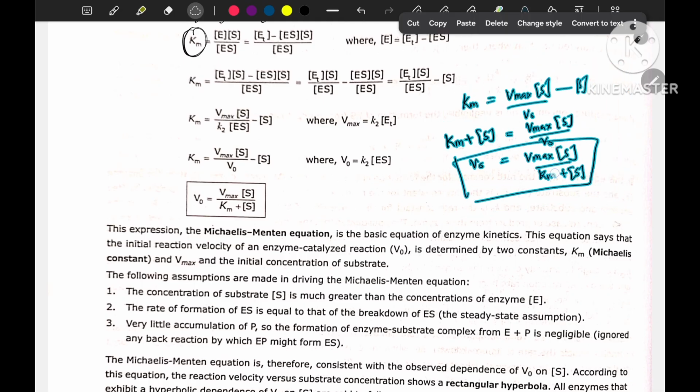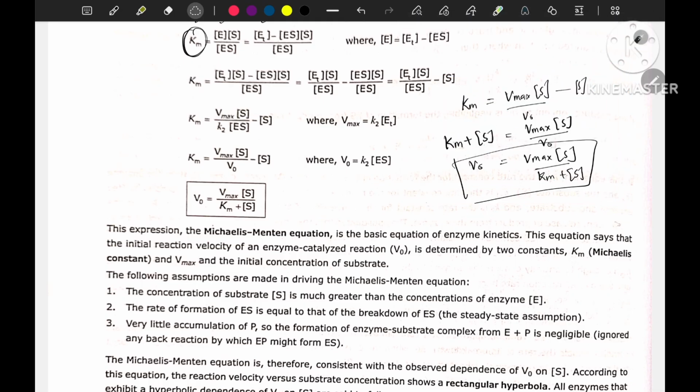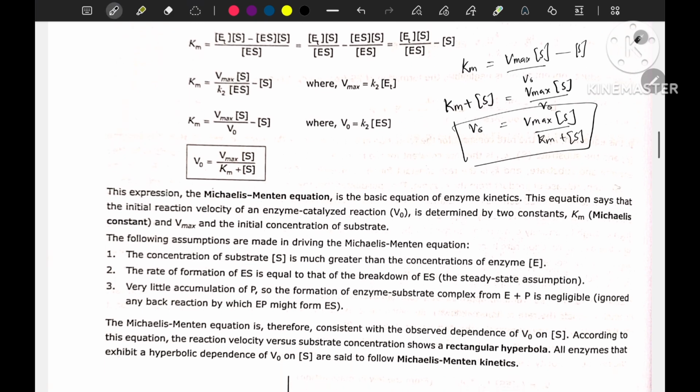as our end result. So this expression, the Michaelis-Menten equation, is the basic equation of enzyme kinetics. This equation says that the initial reaction velocity of the enzyme catalyzed reaction, V naught, is determined by two constants, Km, the Michaelis constant, and V max, and the initial concentration of the substrate.